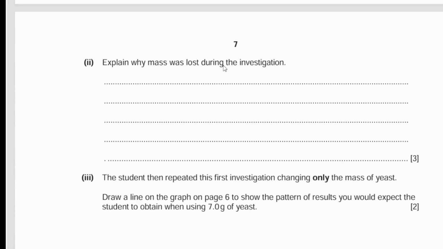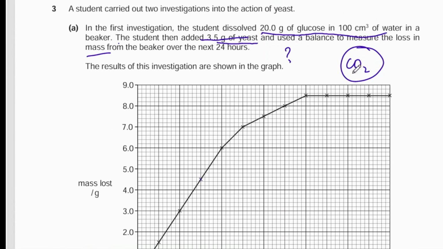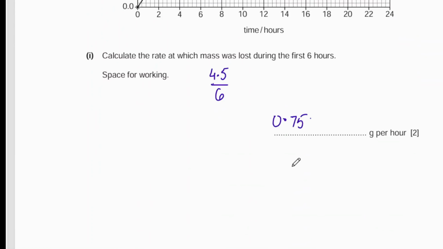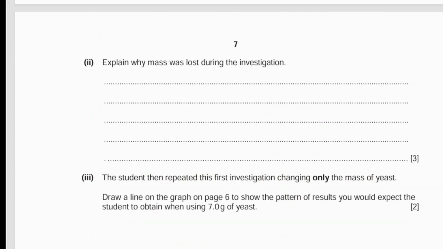Explain why the mass was lost in this investigation. I've told you the reason why there is a loss in mass, because of carbon dioxide. So you have to explain it for 3 marks. Which respiration? Anaerobic respiration. Okay.